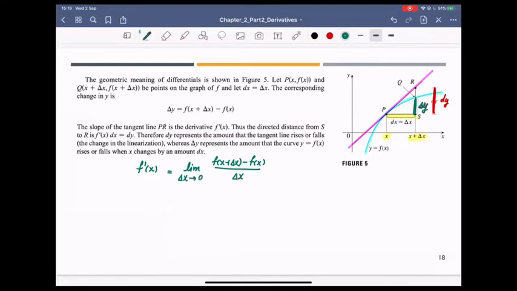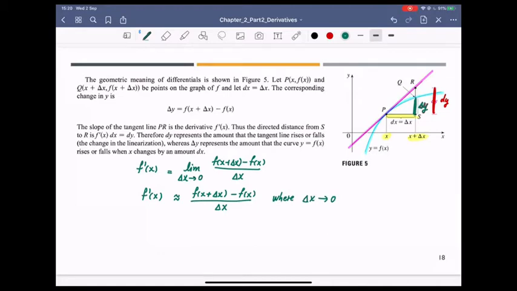I just switch my notation from h to delta x, and now I can ignore the limit sign. I can say that f prime x is approximated by f(x plus delta x) minus f(x) over delta x, where delta x goes to 0, right?